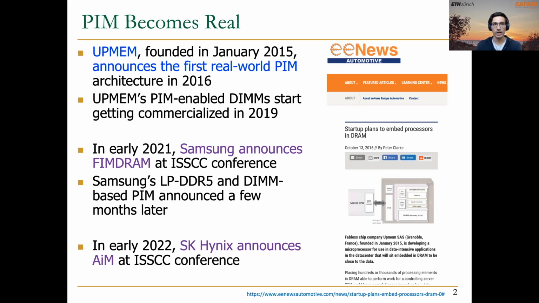But more recently, in early 2021, Samsung announced the FinDRAM architecture, and later one more, the AXDIMM proposal later in 2021, and quite recently in February this year, SK Hynix, another major DRAM vendor, announced their accelerator in memory that we will also probably talk about in later lectures.